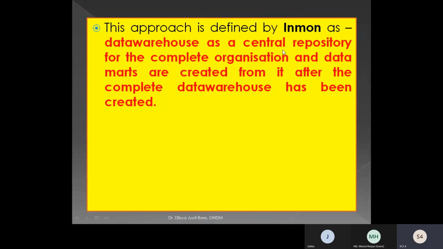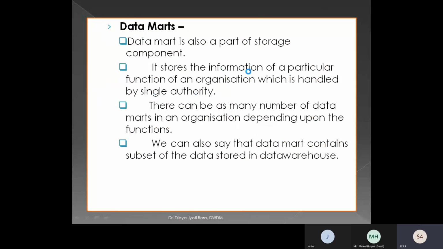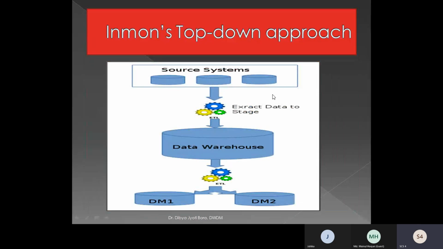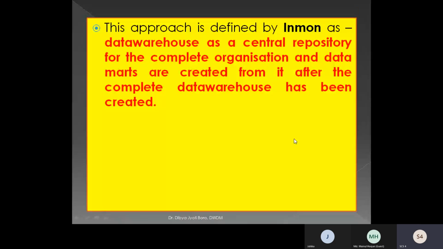A kind of approach where we actually deal with a three-tier data warehouse. This is proposed by Inmon. He defined the data warehouse as a central repository for the complete organization, and data marts are created from it after the data warehouse has been created.